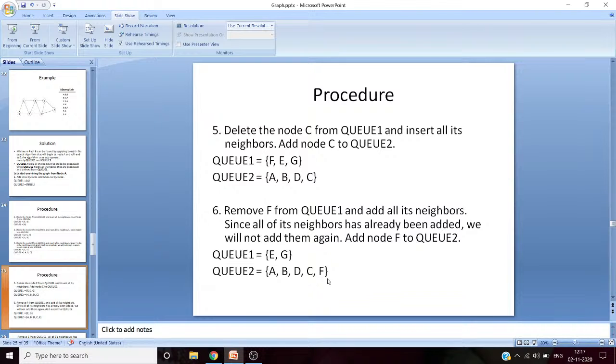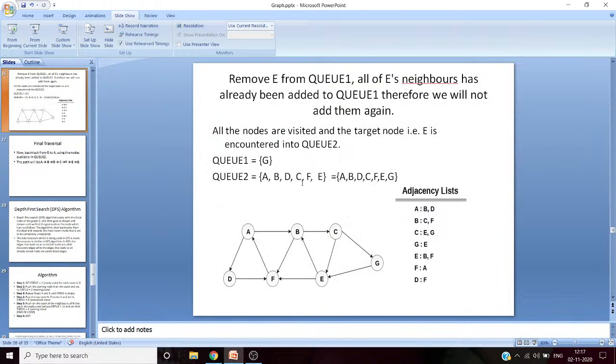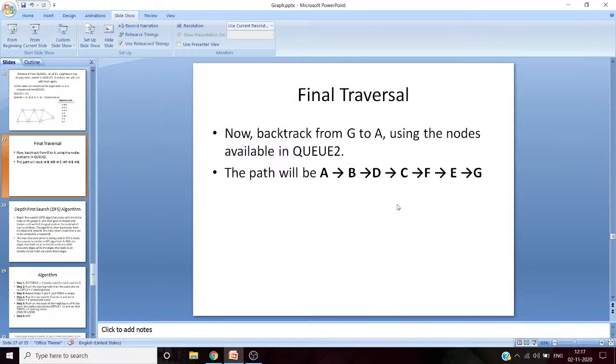So E will be pushed here in Q2, and G is here. G does not have any new neighbor, so G is also pushed here. Okay, this is our final traversal of the graph using BFS.